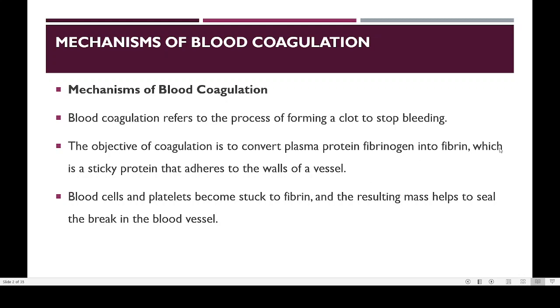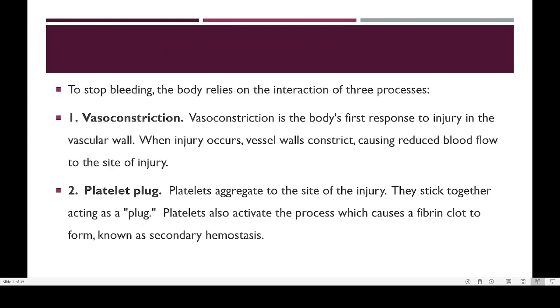And this conversion of fibrinogen into fibrin is also stimulated by the presence of platelets. That is what I mentioned here. Platelets also activate or stimulate the process which causes fibrin to form from fibrinogen.